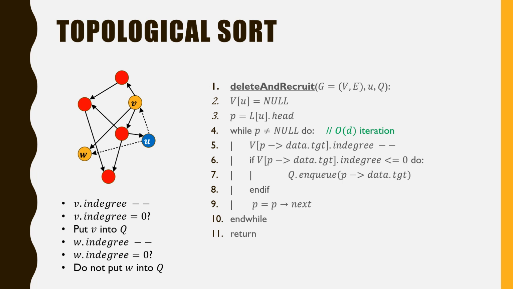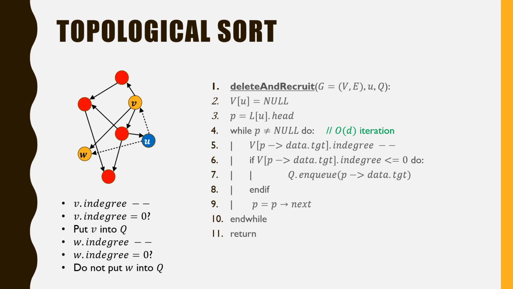In line 2, it updates the node array V to remove U. In line 4, it uses a while loop to traverse LU, the linked list storing U's outgoing edges. In line 5, it reduces the in-degree of each target node. In line 6, it adds a target node to the queue if its in-degree becomes 0.